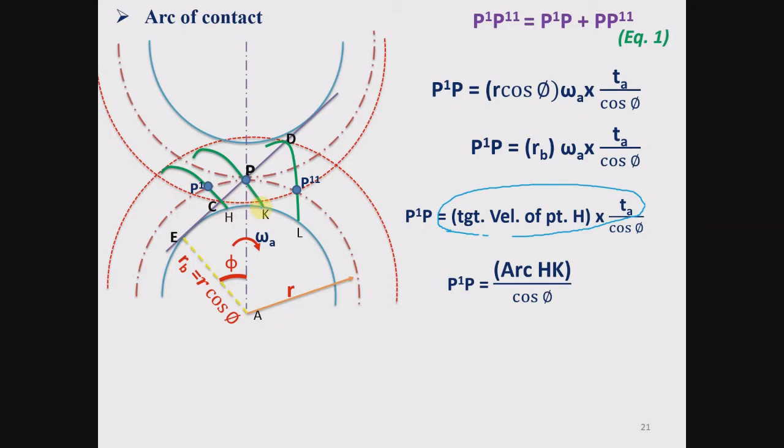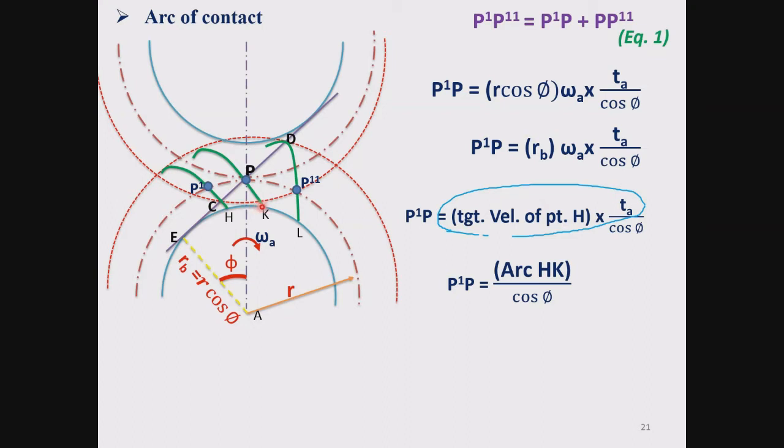So in time TA, while P dash moves from P dash to P, H will move from H to K in time TA. So the velocity of point H into the time of approach will be the distance traveled by point H, which is nothing but the length of arc HK.